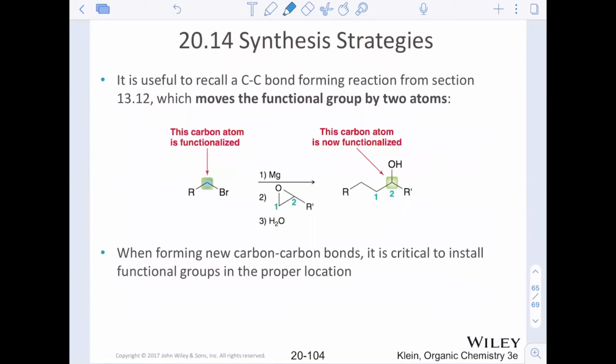Essentially, this alpha carbon right here, this is the carbon atom that is functionalized, the one that is created in step number 1 here with the magnesium as the Grignard reagent, right? It's that beautiful new carbon nucleophile that we are talking about.